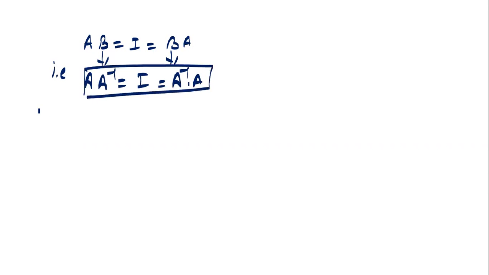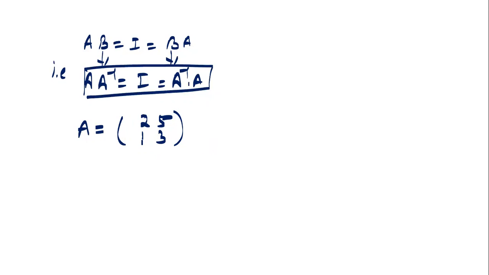Now, let's take an example. For example, I want to find the inverse of the square matrix A, 2, 5, 1, 3. I want to find its inverse using elementary row transformation. So what are the steps and how to go about it?